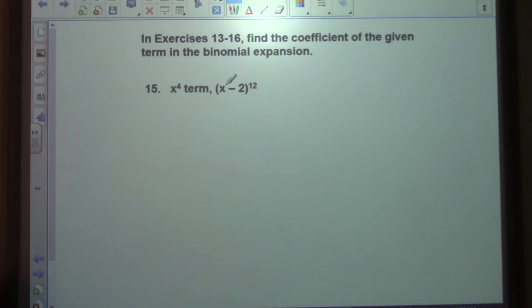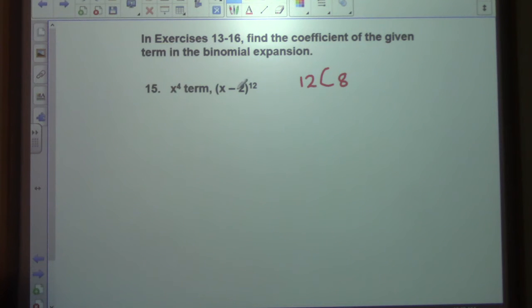And so what that's gonna do is, it's for the 12th. And so we're gonna have 12 choose what? 12 minus 4 is 8. Do you see where I got that from?